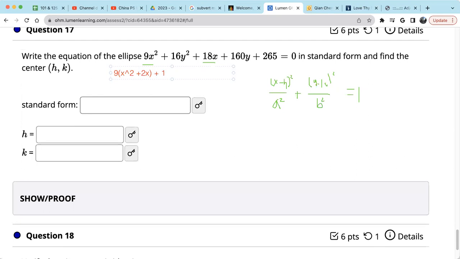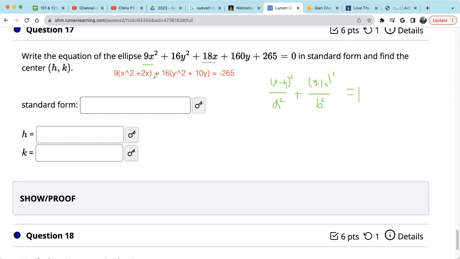The y term has 16 as a leading coefficient. I'm going to factor out 16. Then I have y squared plus 160y divided by 16, I get 10y. Then what do I do with 265? I move it to the other side. When I move it to the other side, it becomes negative 265.